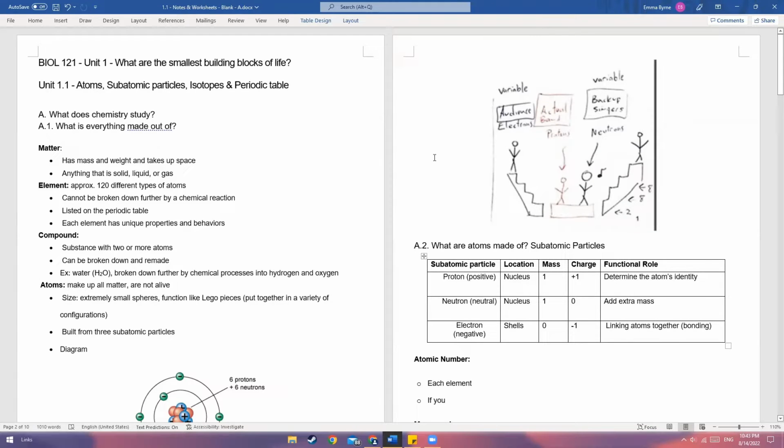And the actual band, the actual identity of the concert, let's consider that the proton. And we'll call the backup singers neutrons. And the audience here will be electrons. And I'll pull up a sticky note here just to take some notes.